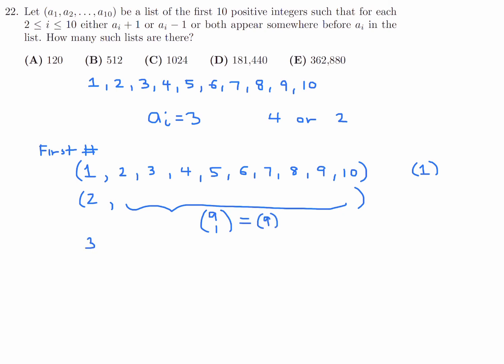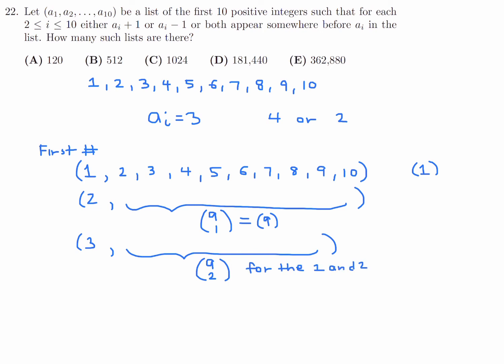And then if the first number is 3, in the next 9 numbers, I've got to place the 1 and the 2. Out of the 9 possibilities, I've got to choose 2 places for those numbers.